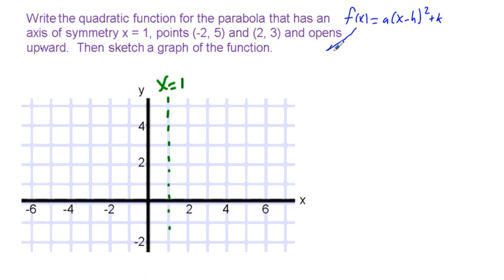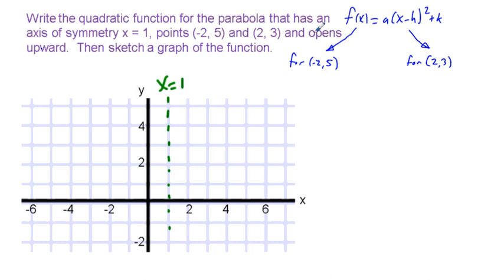We're going to get 2 equations. We have 2 points. So for the point on the left, which is (-2, 5), and on the right, we're going to do the same thing for (2, 3).